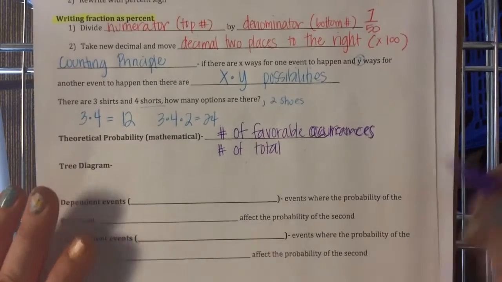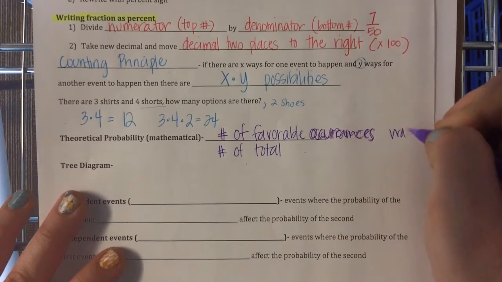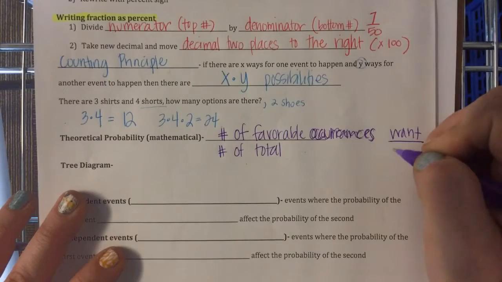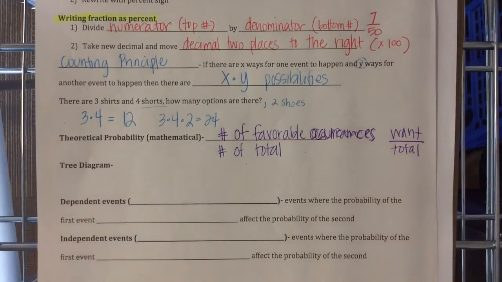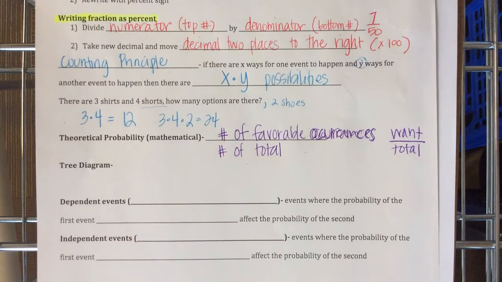I like to think of it in really simple ways. It's what I want over the total. If I was going to find the theoretical probability of selecting a girl in this classroom, I'd count how many girls there are. 14 girls.